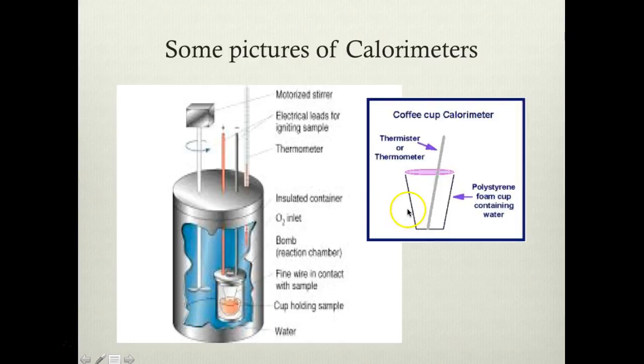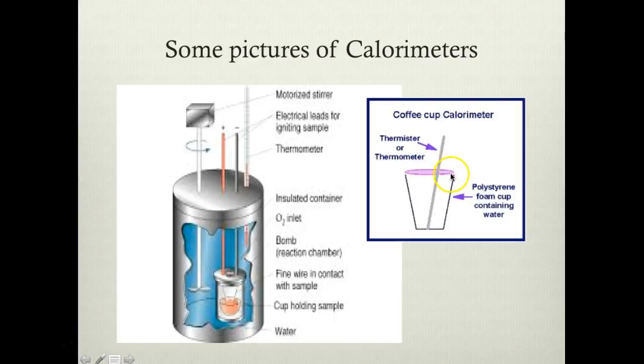So now if you don't have something as sophisticated as this, which is called the bomb calorimeter, then you can create a calorimeter using a couple of coffee cups, right? Styrofoam coffee cups. They act like a calorimeter in the sense that the styrofoam makes it like an insulator, and therefore it insulates whatever is inside the cup from the outside environment, which is the surrounding air.